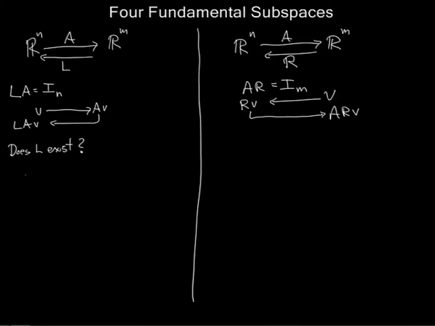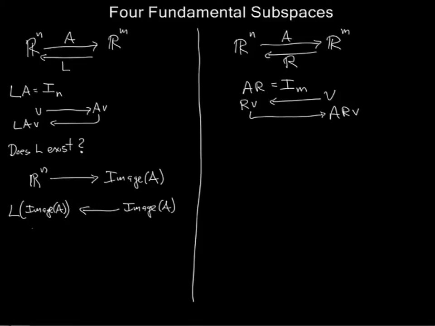So let's see, A maps this space Rn to a subspace, the image of A, inside Rm, and L is supposed to take the image of A back to Rn, and you're supposed to get all of Rn, because you're supposed to get every vector back again. And so how can L take the image of A back to Rn? Well, the image of A had better be n-dimensional, or else there's no hope.